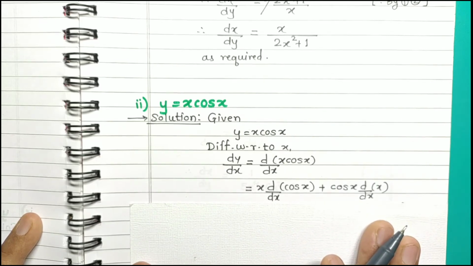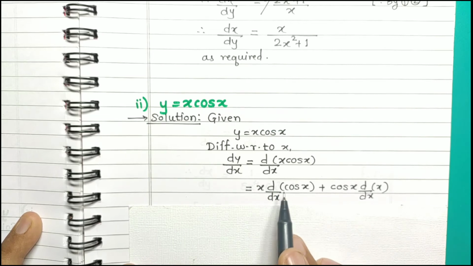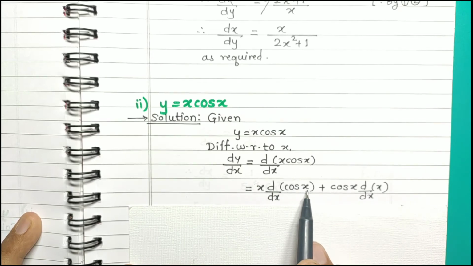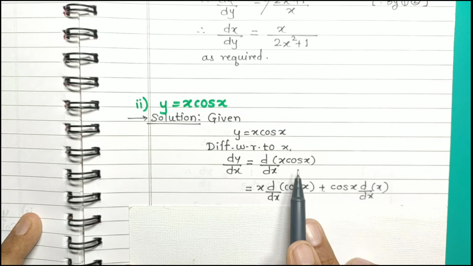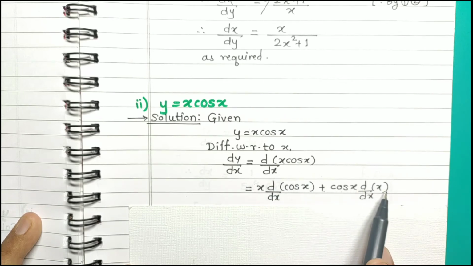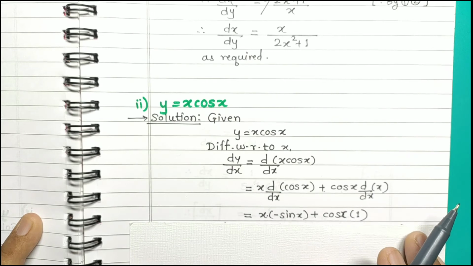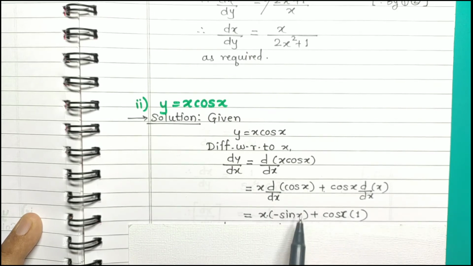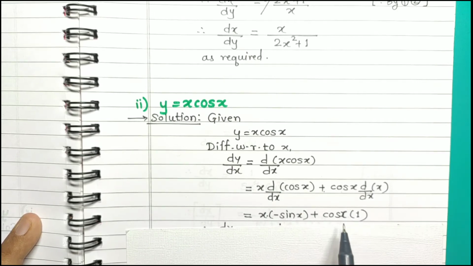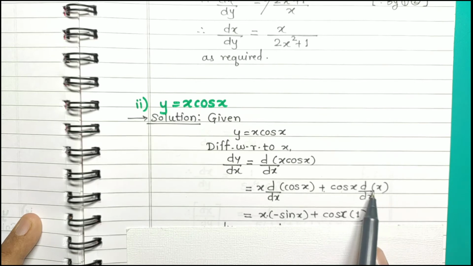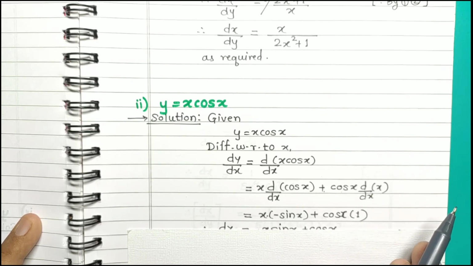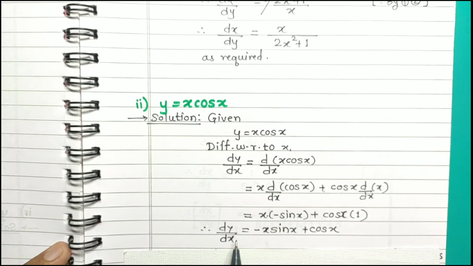So first function x as it is into the derivative of the second function, the derivative of cos x, plus the second function cos x as it is into the derivative of the first function, which is x. So x as it is, the derivative of cos x is minus sin x, plus cos x as it is, the derivative of x is 1.